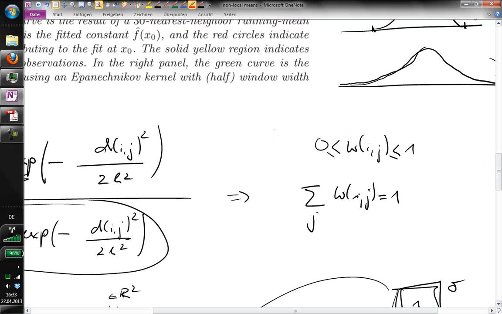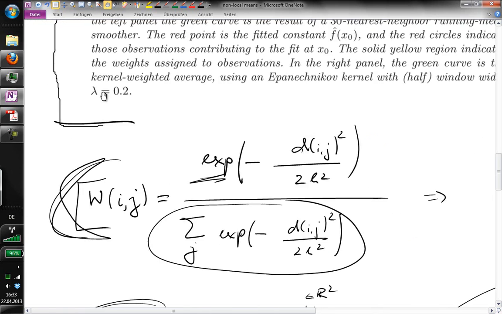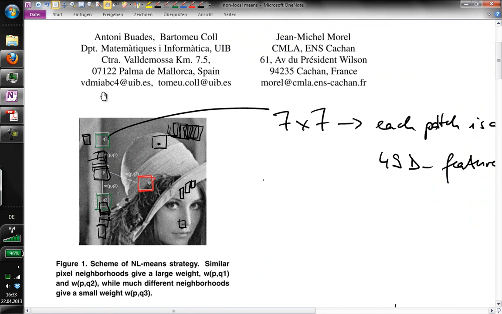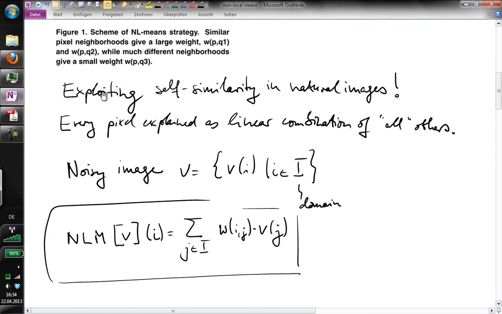So in summary, to make a prediction at a pixel, I look at all other patches in the image, I compute the dissimilarity, I weight the contribution of the others according to those dissimilarities, and then, given these weights, take the weighted average that you saw in this equation here to obtain my final prediction at the original pixel.